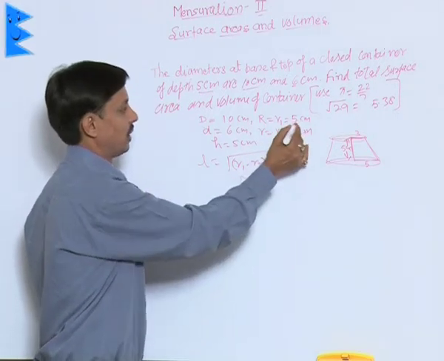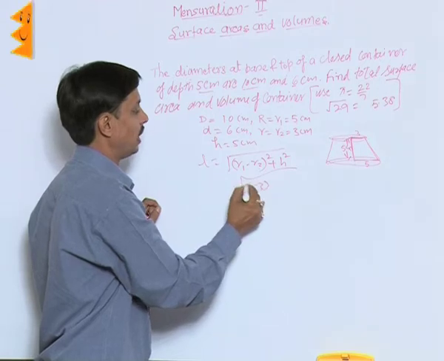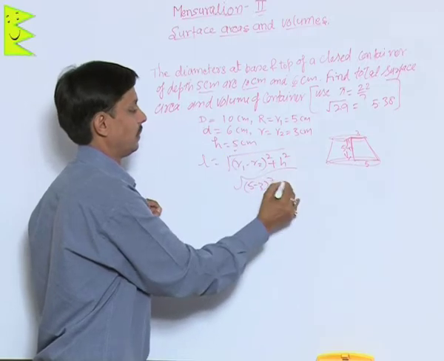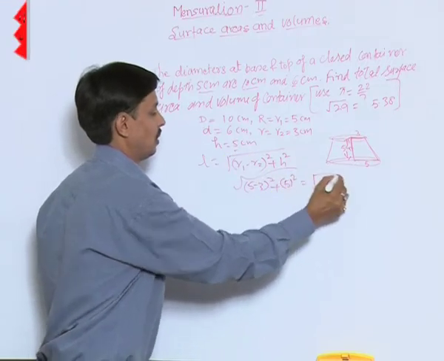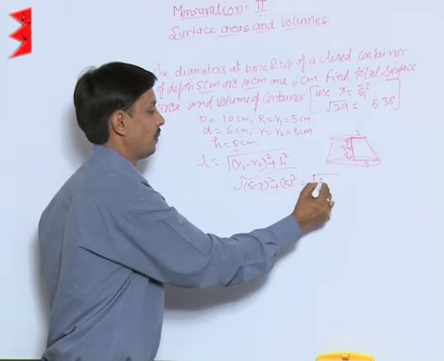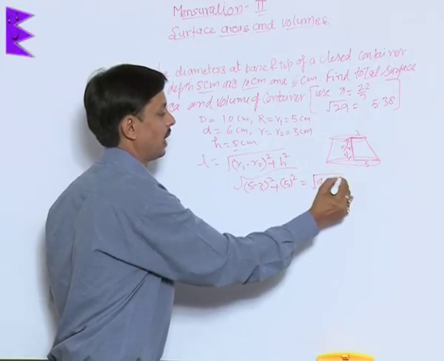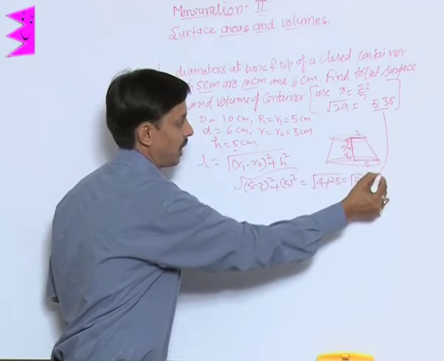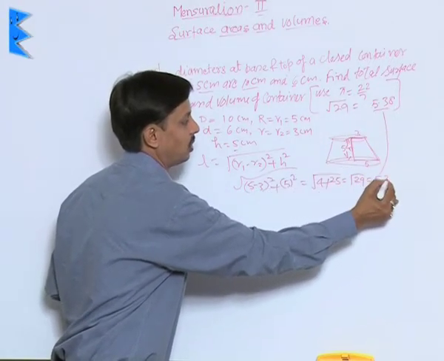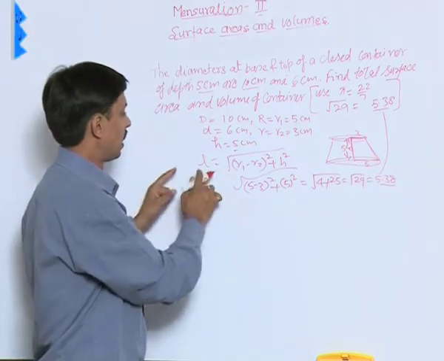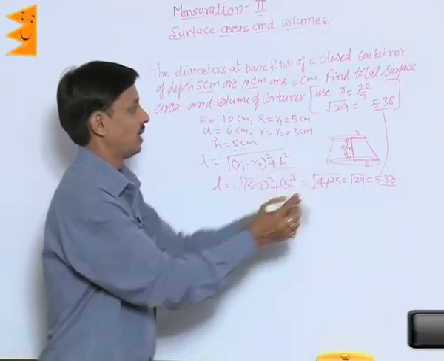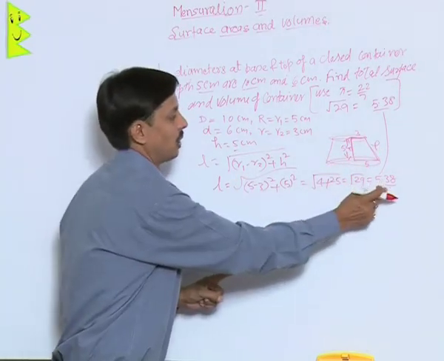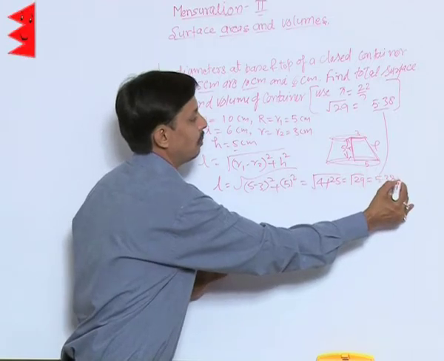This gives us 5 minus 3 whole square plus height 5 square. So 5 minus 3 is 2, square 4, 5 square 25, 25 plus 4 is 29. The value of root 29 we are required to use is 5.38. So the slant height L of this frustum container is 5.38 centimeter.